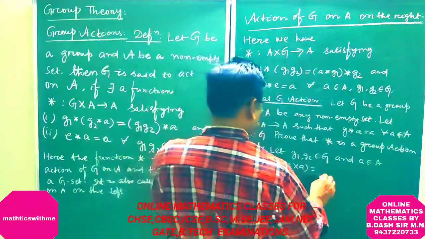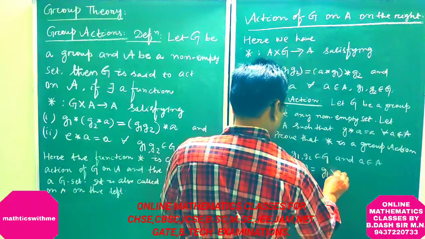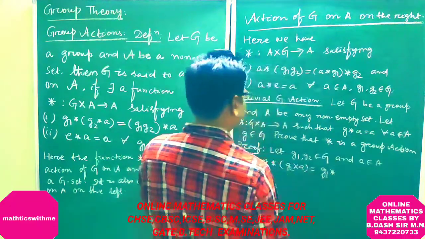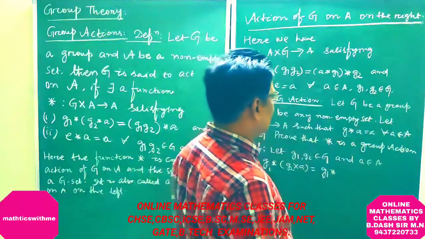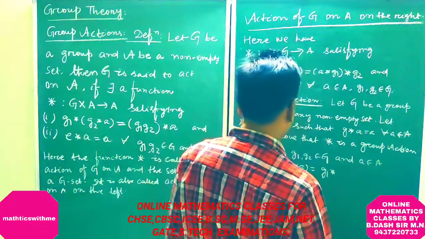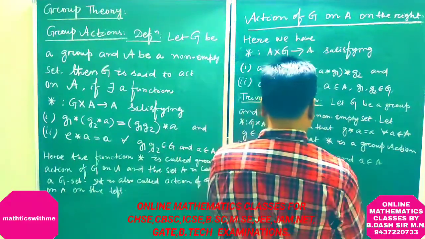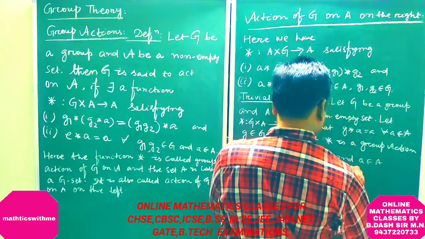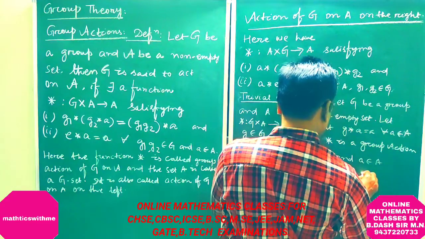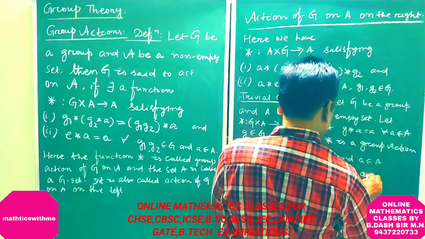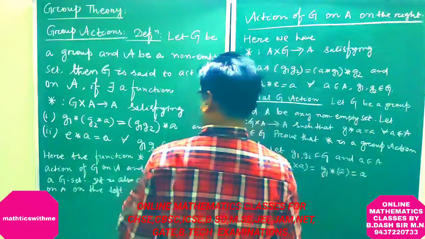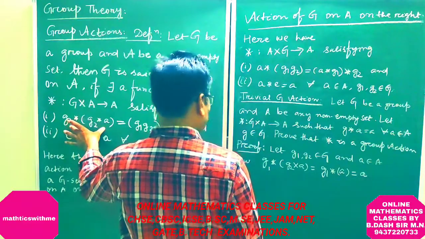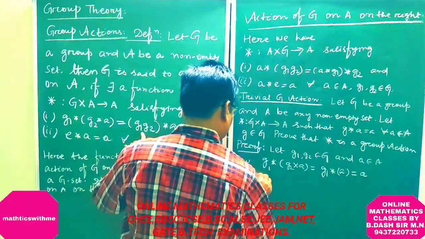Here it is given that g star a is equal to a. So we can write g2 star a is equal to a. So this is equal to again a. So this side is equal to a.